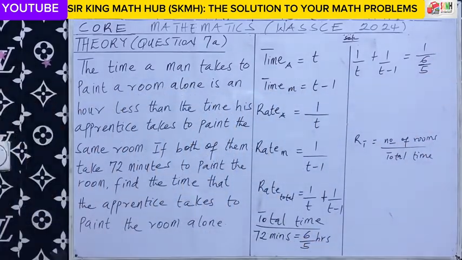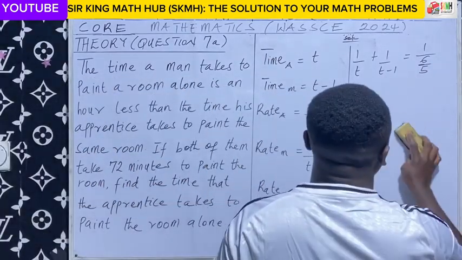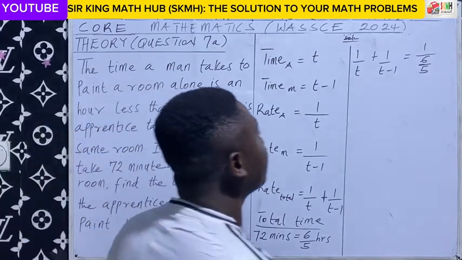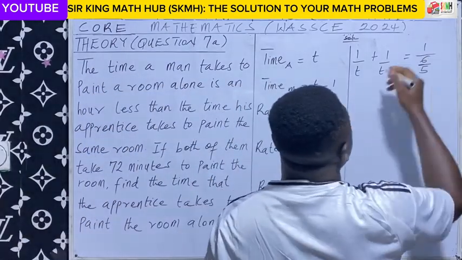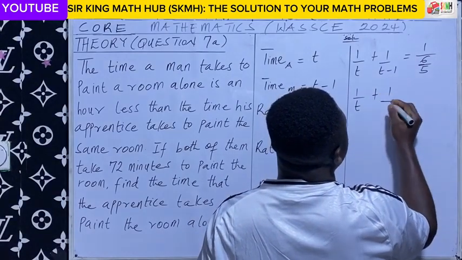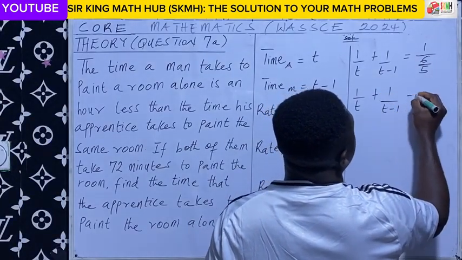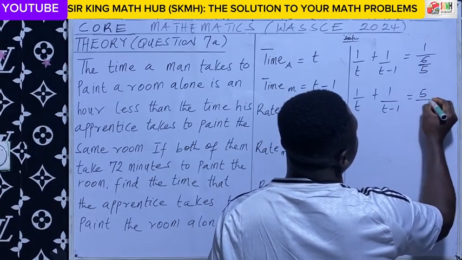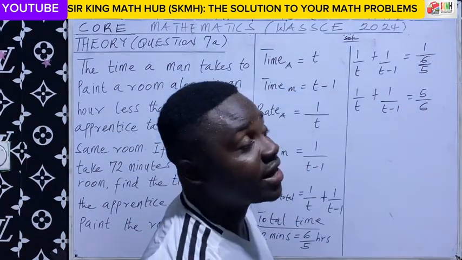But you can still simplify 1 divided by 6 over 5. When you simplify 1 divided by 6 over 5, that will give us 5 over 6. You can verify this using the calculator.